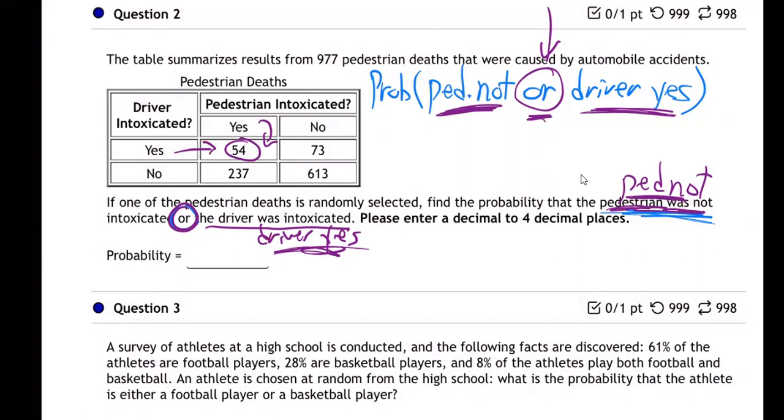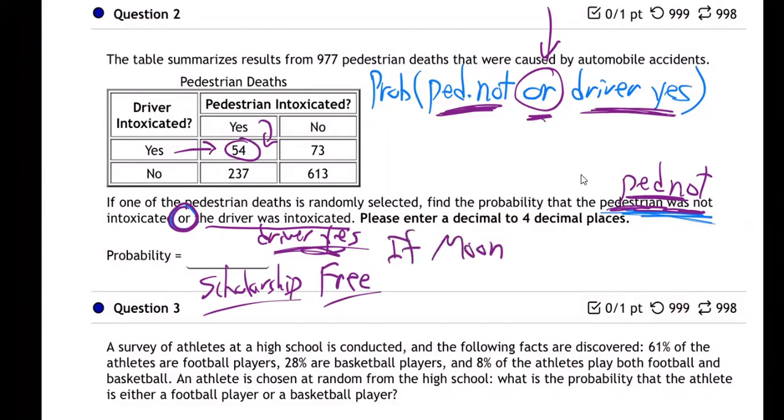Because the driver was. So it's kind of like, let me give you an example. It's kind of like if you're applying for a scholarship. What if it said you can apply for this scholarship? They have this new scholarship for college at Fresno State. It'll give you free tuition at Fresno State if you've been to the moon or you grew up in Fresno County, or let's say California, or you're born in California.